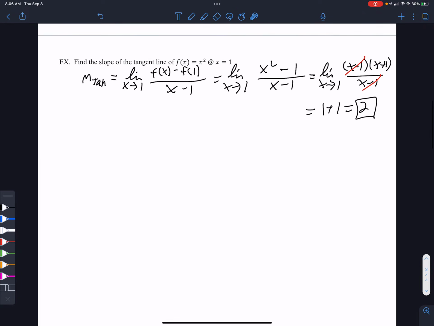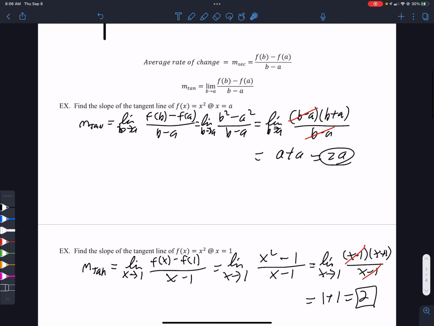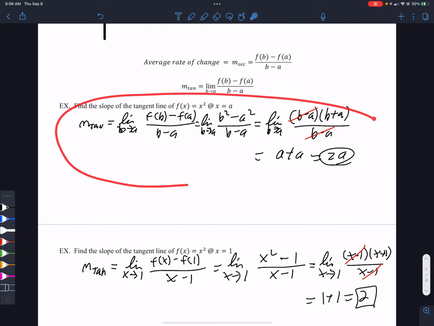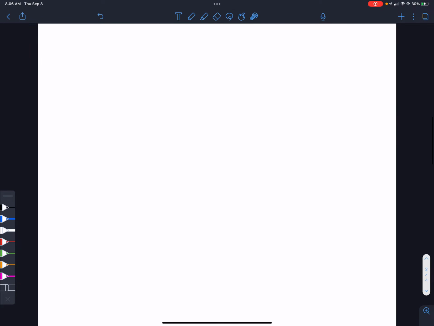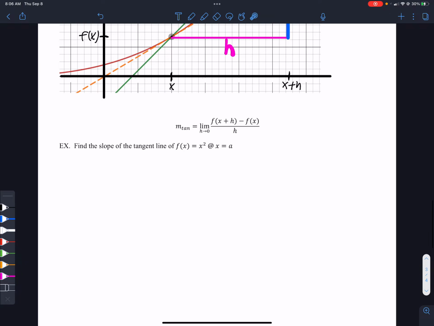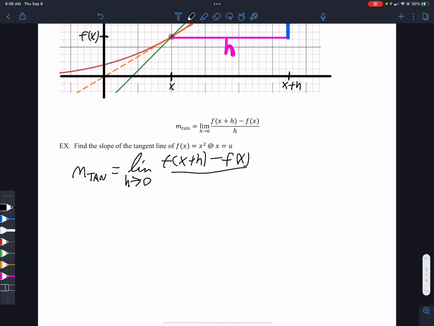We're taking this problem that we did with the first definition, and we're going to apply the second definition, okay? So find the slope of the tangent line. The slope of the tangent line will be the limit as h approaches 0 of f of x plus h minus f of x, over h. Now we're going to plug in our function.